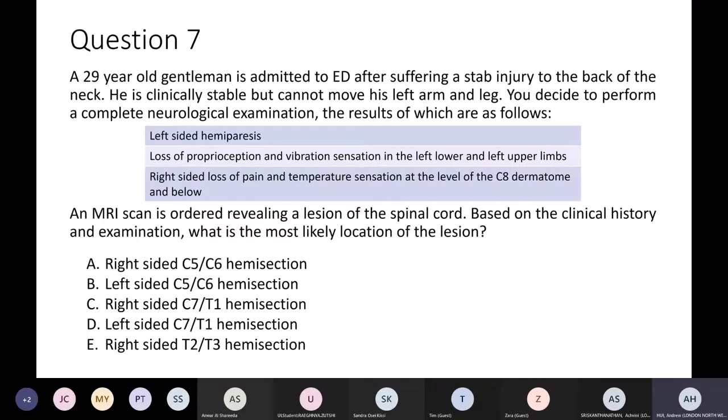You decide to perform a complete neurological examination, the results of which are as follows: left-sided hemiparesis, loss of proprioception and vibration sensation in the left lower and left upper limbs, and right-sided loss of pain and temperature sensation at the level of the C8 dermatome and below. An MRI scan is ordered, revealing a lesion of the spinal cord. Based on the clinical history and examination, what is the most likely location of the lesion?